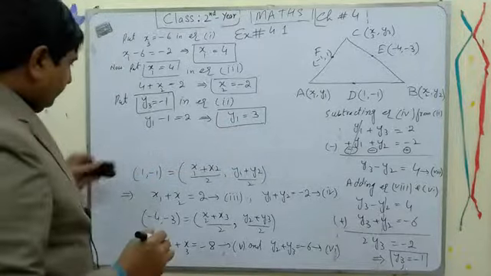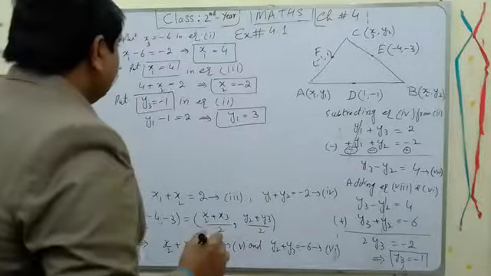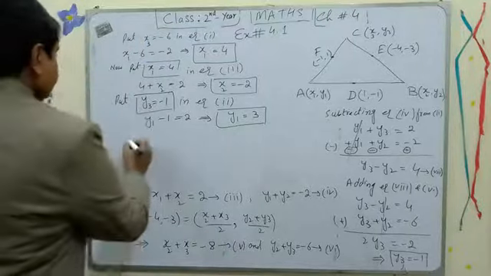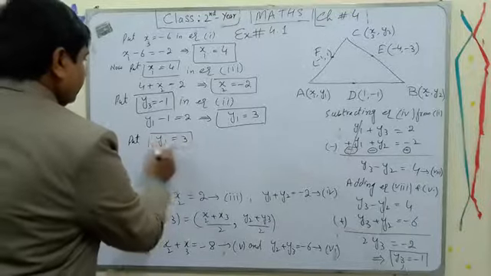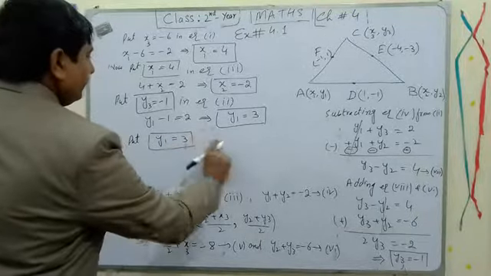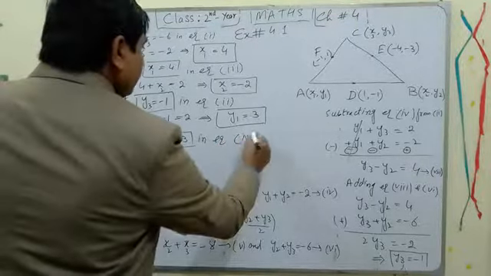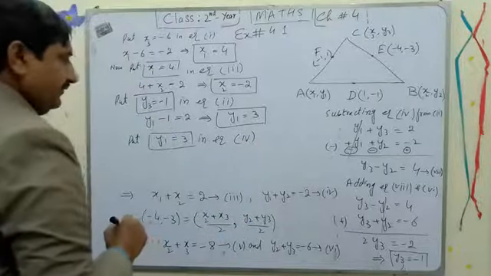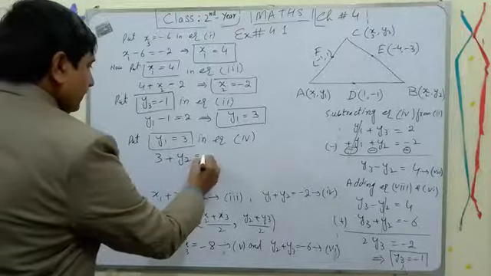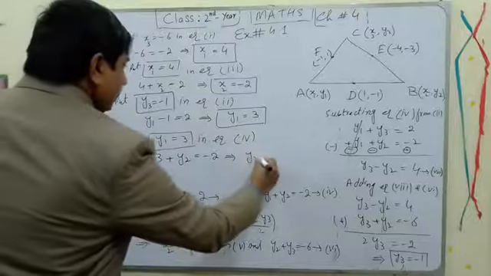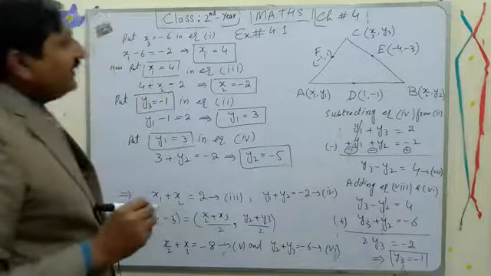Now after finding the value of y1, we have to find the value of y2, right? For this purpose, put y1 equal to 3 in equation 4. What do we obtain? 3 plus y2 is equal to minus 2, and this implies that y2 is equal to minus 5, and this is our required last coordinate.